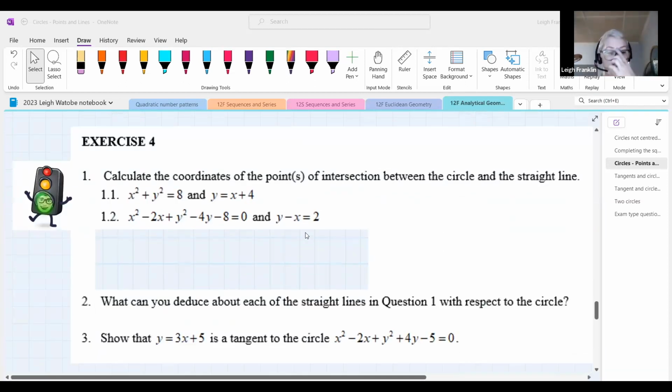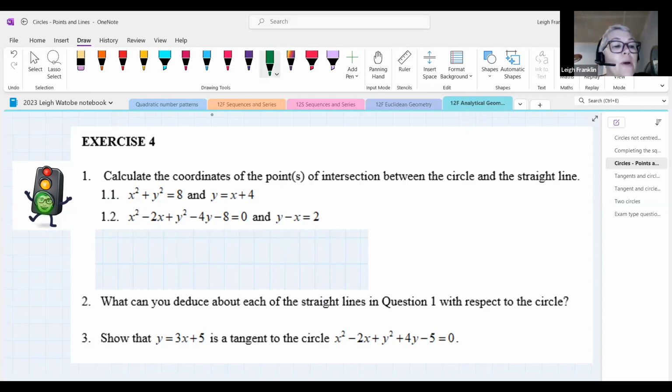Now, here is an opportunity for you to practice what I have just shown you. Don't worry about questions 2 and 3 for now. I want you to focus on either question 1.1, which is a little bit of an easier question, so it's getting a little green light, and then question 1.2 is a little bit more difficult.